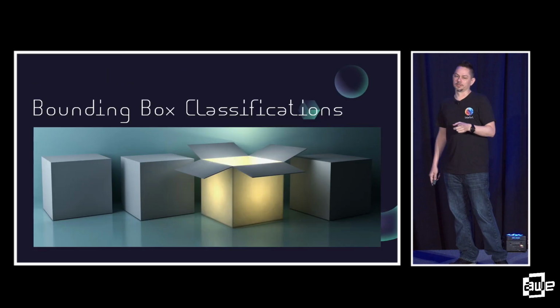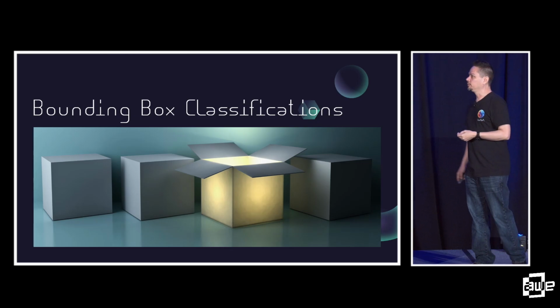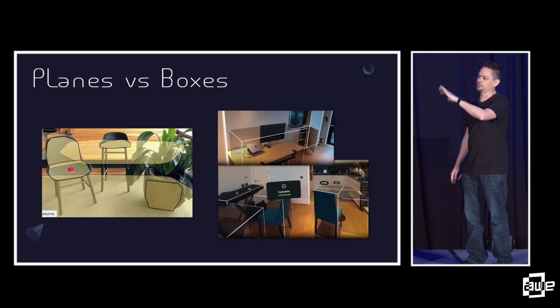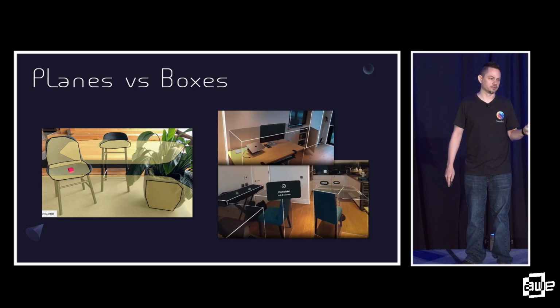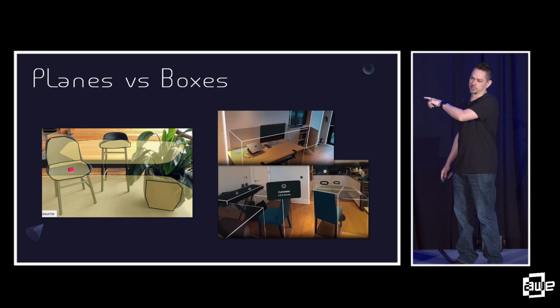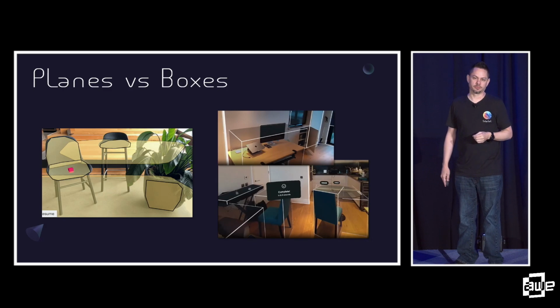All right, the last one I want to talk about is a very new capability that Meta pioneered first. We've had planar tracking for a long time, so you could find where the surface of a table or the surface of a chair is, but Meta recently added bounds detection for all of these objects. So I can find the volume that a table takes up.